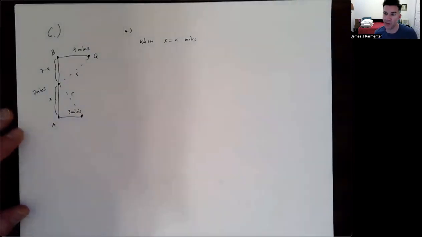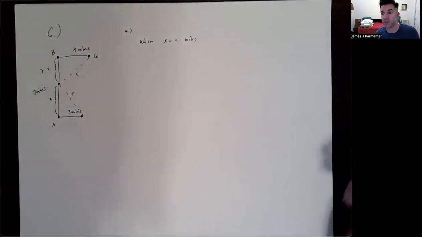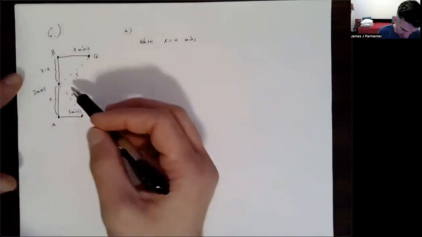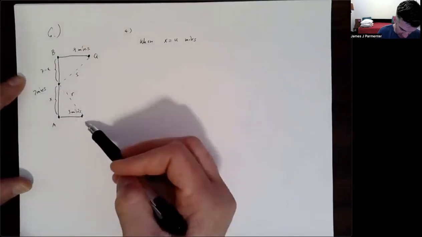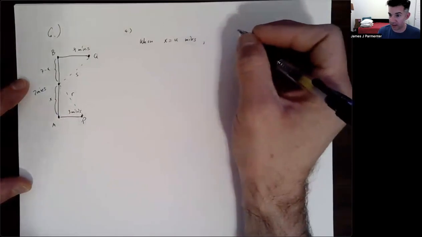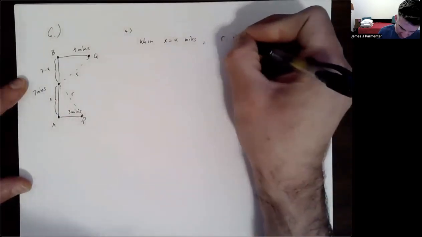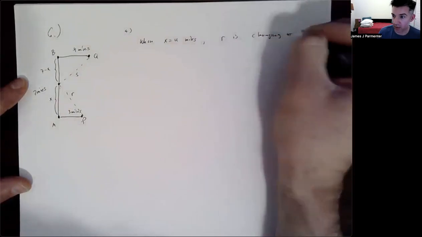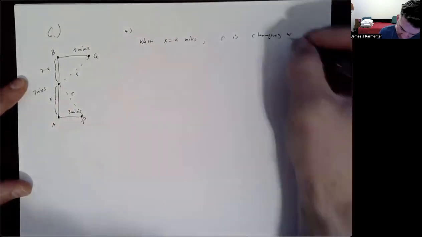Apologies, we're given more. When X is 4 miles, at the same moment, the distance between the runner and P, which we're calling R, is changing at a rate of 8 miles per hour.